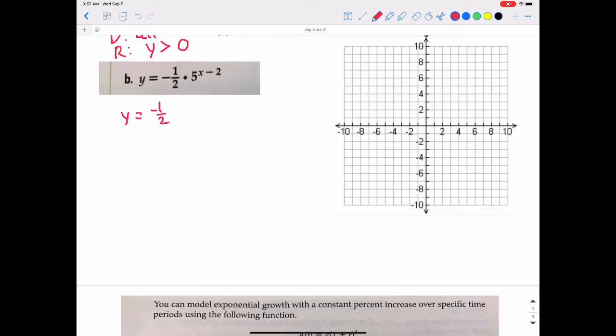So it's y equals -1/2 times 5 to the x power. We're going to ignore the -2 part because the -2 is the shift. We'll do a quick t-chart with just -1/2 times 5 to the x power. That should be 5 to the x power. So 2, 1, 0, -1, -2.